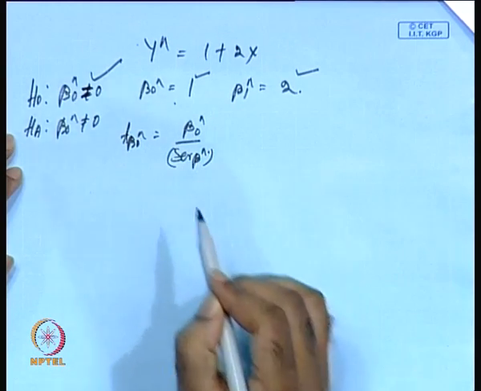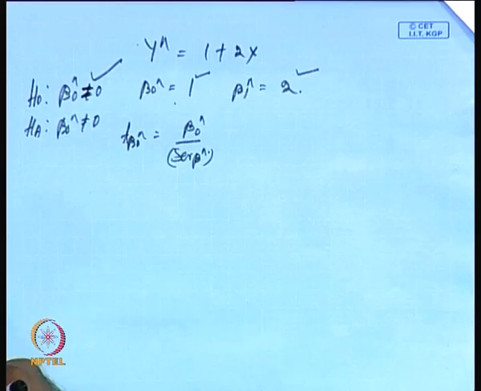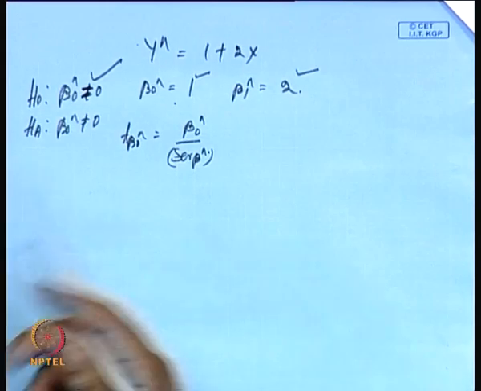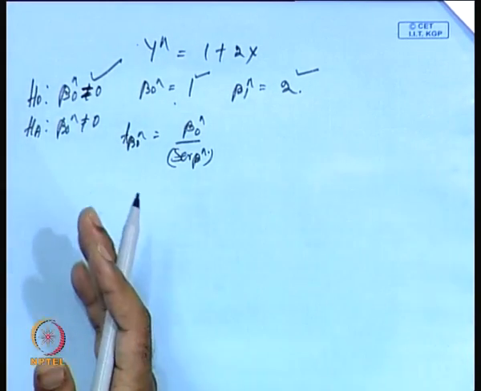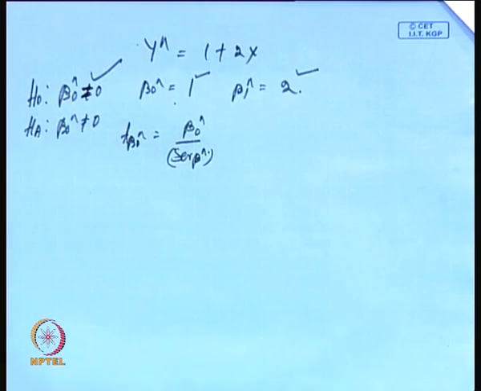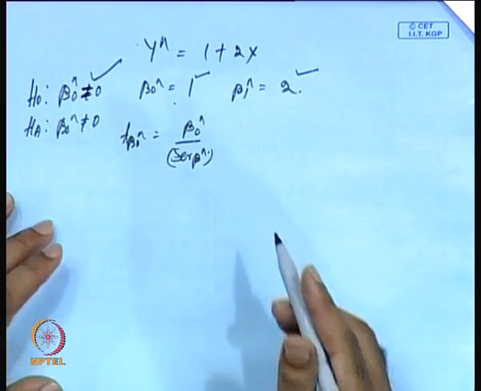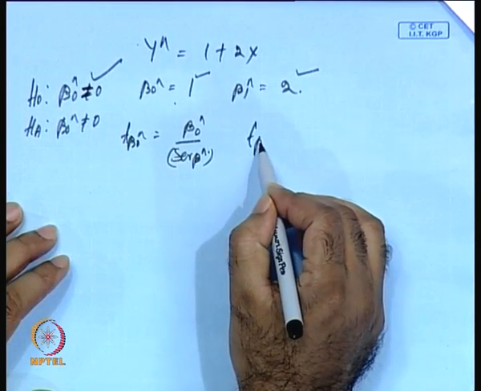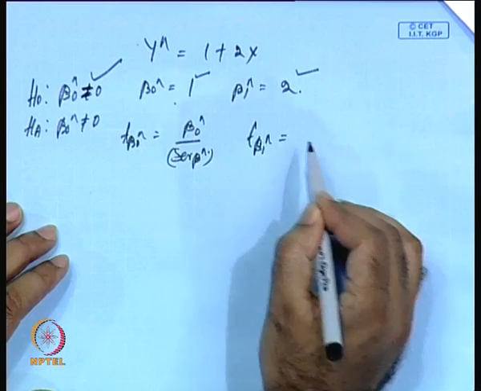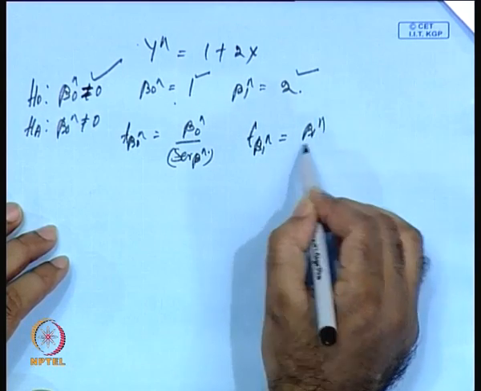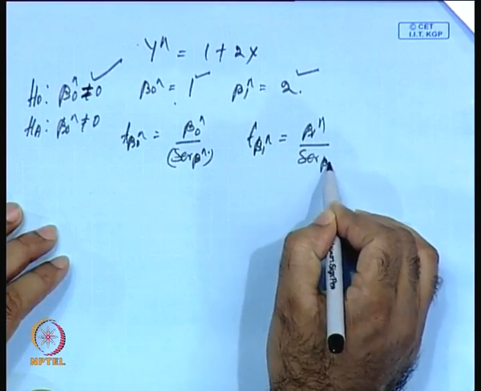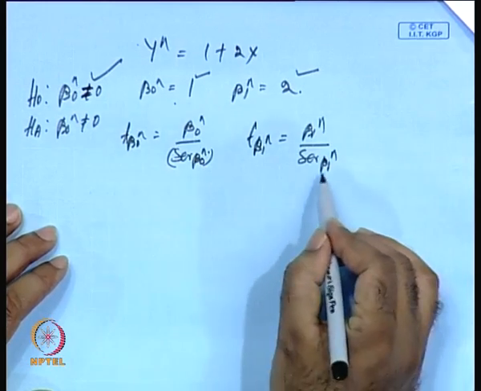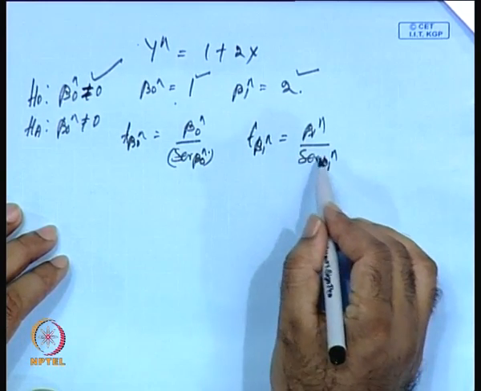Similarly we have to calculate the variance of beta head, which will be a single figure. The moment you multiply this, you will get this value. Similarly, t of beta 1 head is equal to beta 1 head divided by the standard error of beta 1 head.